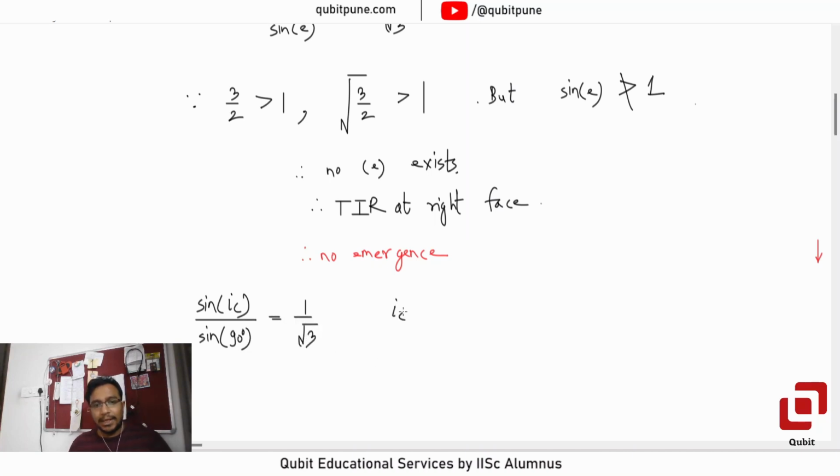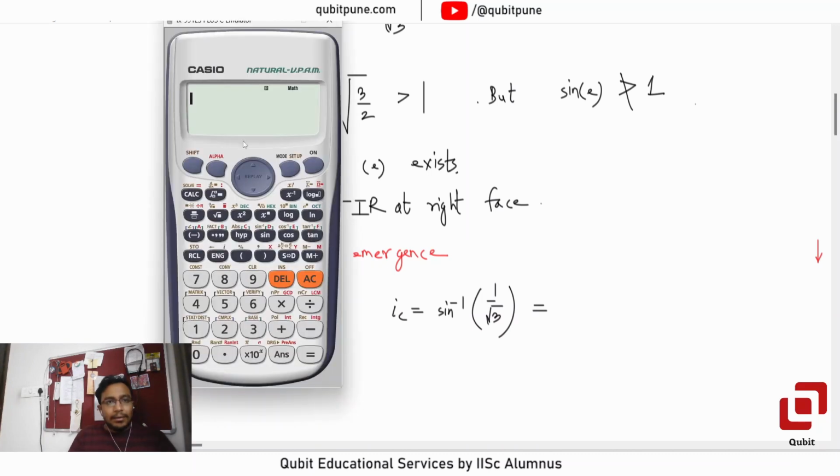So what will be the critical angle? It will be sine inverse of 1 upon root 3. Let's find it out quickly. Let's change it to degrees. Sine inverse of 1 upon root 3. That's 35.26.